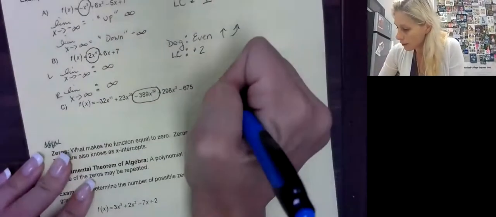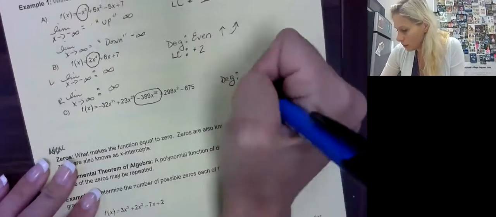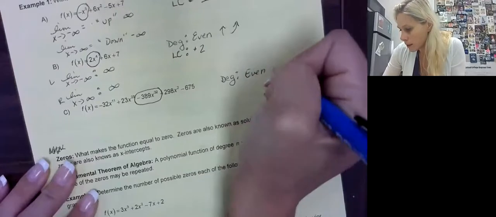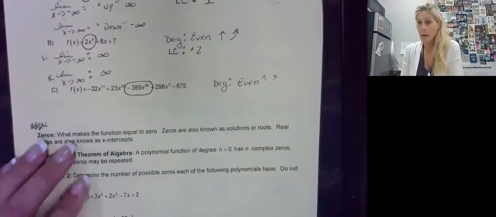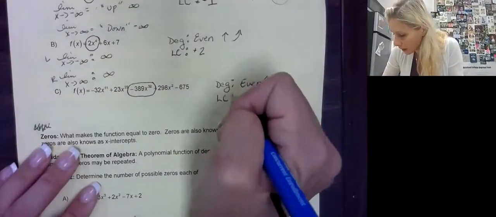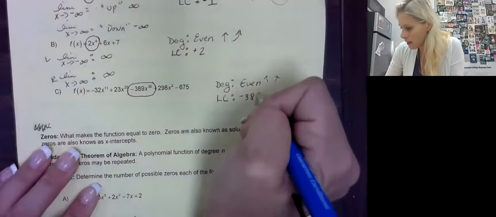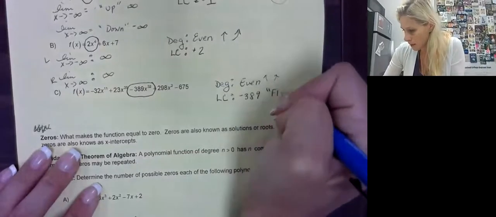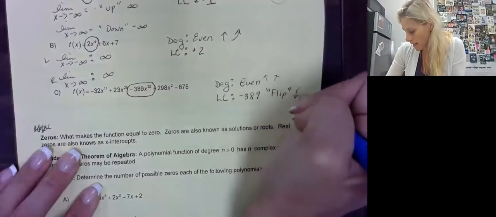So the degree we're looking at is 32, which is an even number. So we start up, since they're both going the same way. But the leading coefficient here is negative 389. Negative tells us to flip it. So if we flip it, it is now going down.